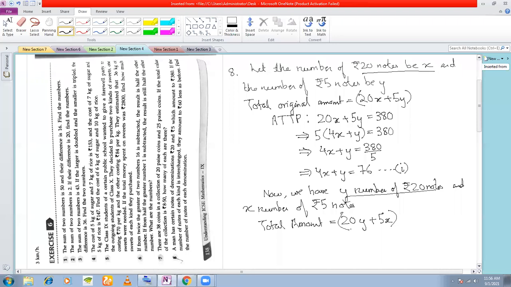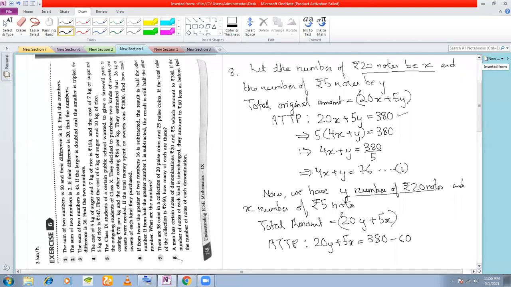The amount is rupees 60 less than before. So 60 less, how much initially you had? Initially you had 380 rupees, right? Now when you interchange the number of notes, this amount 20Y plus 5X is less by 60. 380 you had originally, and now you have 380 minus 60, right?